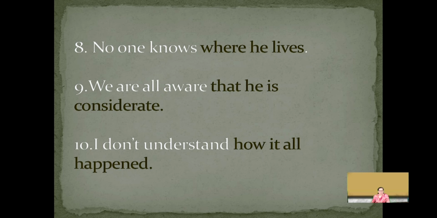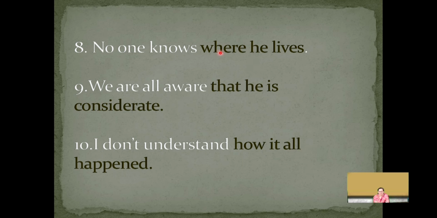A few more sentences. No one knows where he lives. Now, usually, as I just referred to, in your school days you were taught that anything that answers the question where is going to be an adverb, but here it is a noun clause. And why? The reason is, no one knows where he lives. When we are using where he lives, what are we expanding upon?